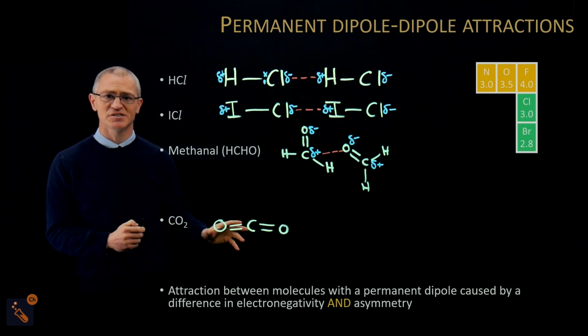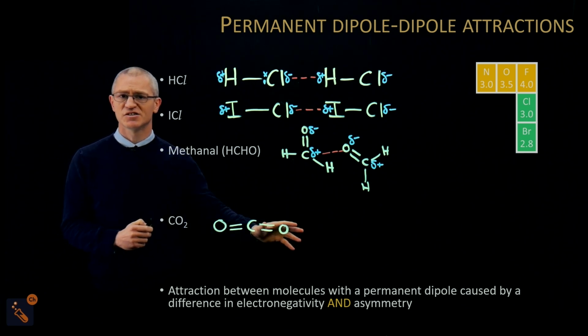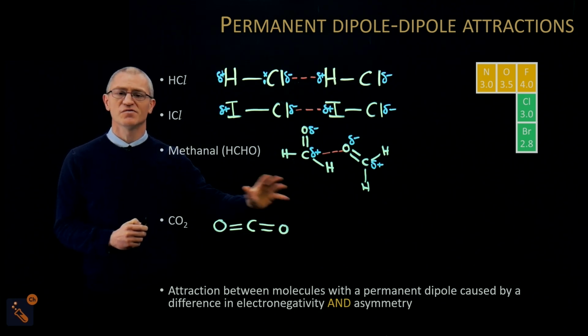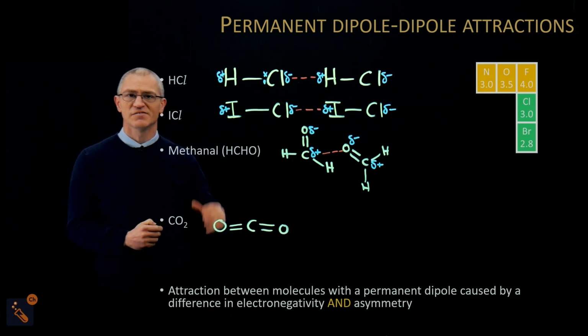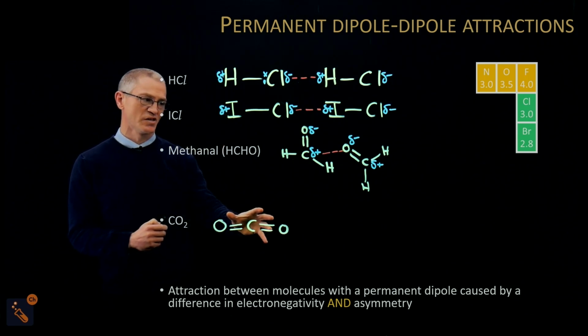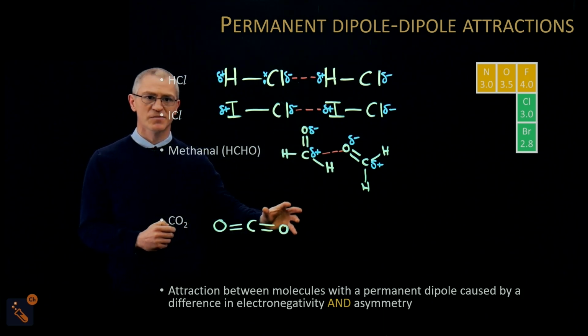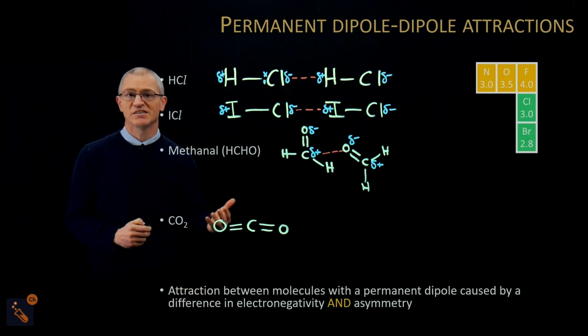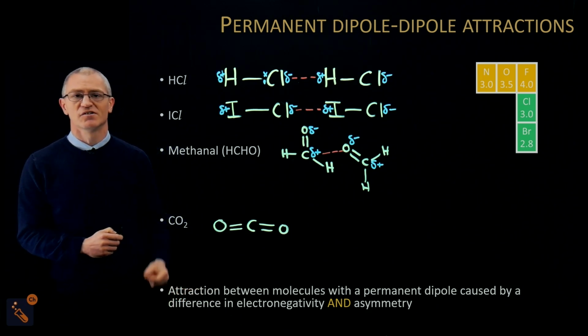Now what actually happens is that the charges cancel because of symmetry. So because there's symmetry here, the charges will cancel, and therefore overall you will not get a dipole, and therefore you would not expect to get permanent dipole-dipole attractions. Okay, with the rest of them, you would get permanent dipole attractions because you have asymmetry and you have the permanent dipole.